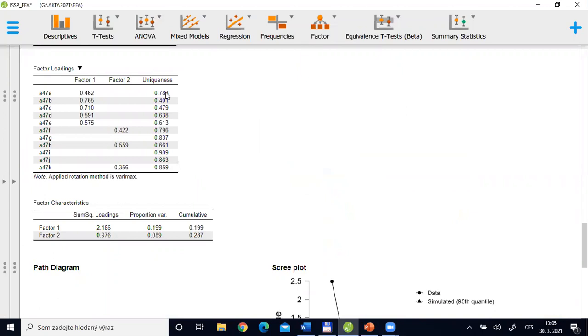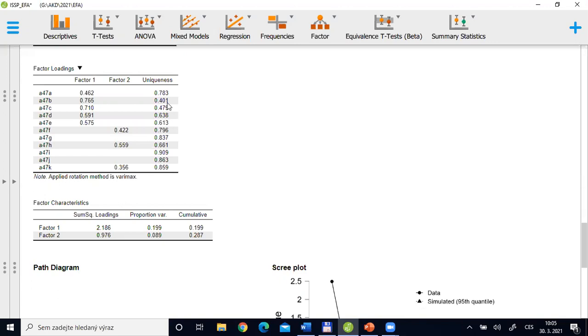So it means that, for example, for the first item, the first 2 dimensions explain only approximately 1/4, and more than 3/4 is unexplained. For the second item, it is much better, as uniqueness is only 40%, so approximately 60% is explained. The opposite of uniqueness is usually called communality.